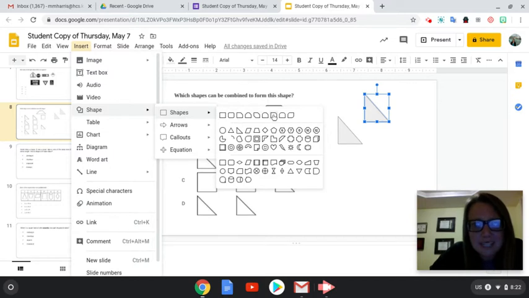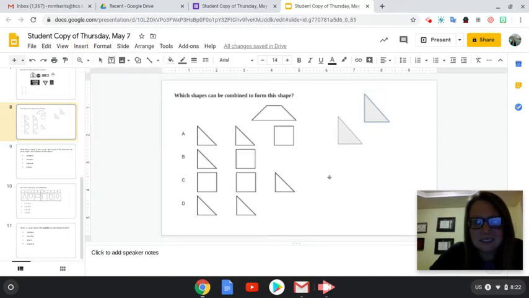So they're saying, could I make this shape using these three? That's what A is.